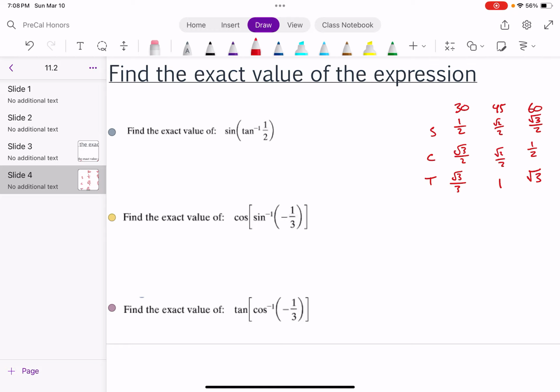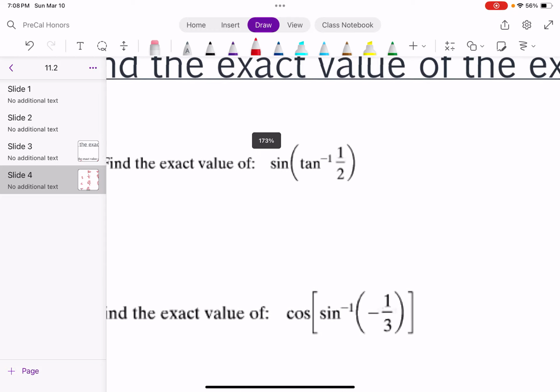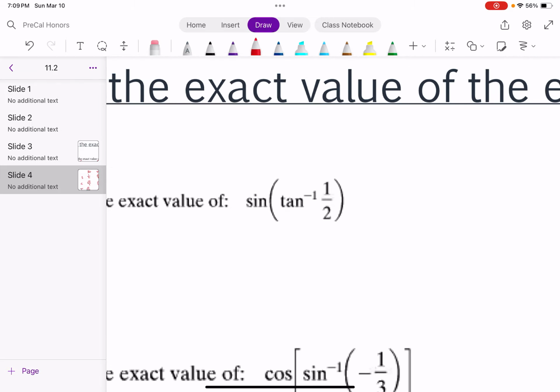So we're going to first start off with understanding that the inverse of tangent would actually have a range of negative pi over 2 to pi over 2. Now, because this is tangent, remember this will have parentheses rather than brackets.